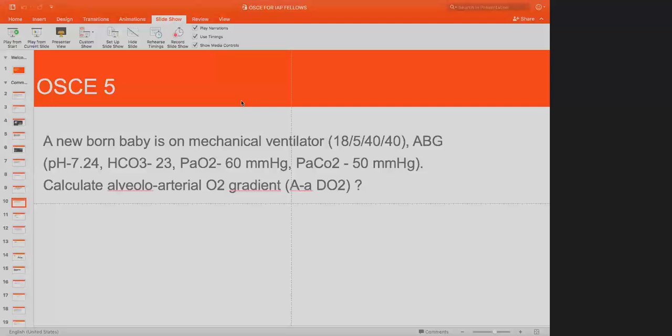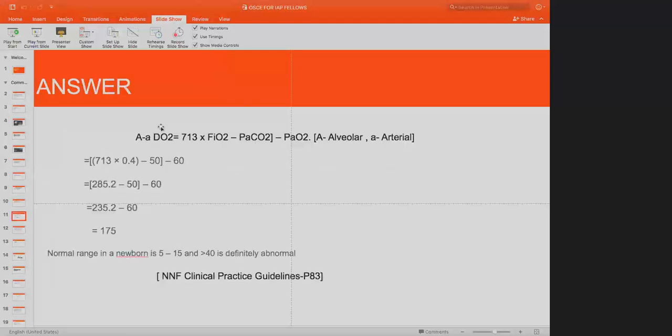Anyone for the formula for calculating AaDO2? So AaDO2 is calculated by 713 into FiO2 minus PaCO2 minus PaO2. When we put in the values, it comes out to be 175.